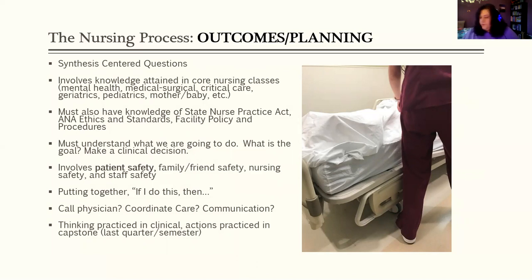You also have to have knowledge of your nurse practice act. So each state has a nurse practice act, even though they're very similar. You should become familiar with your state's nurse practice act. You also have to know those ANA ethics and standards and facility policy and procedures.